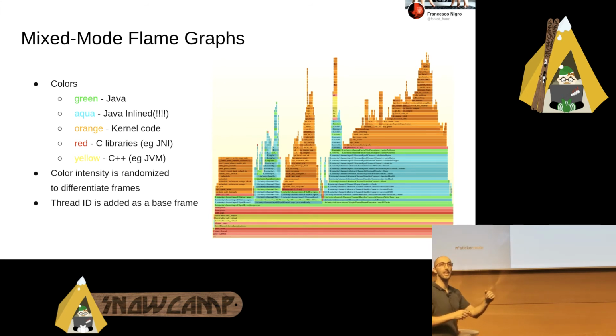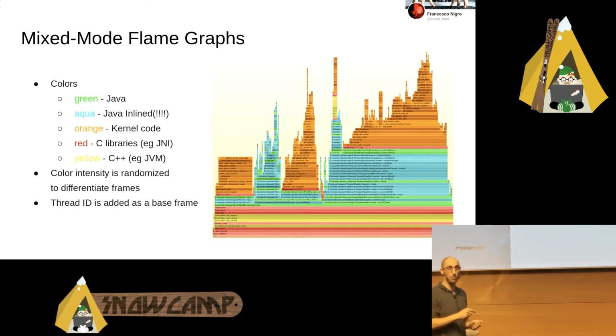And not only that, the interpreter, the compiler threads, the JVM. Then in red, you have the C libraries. It means JNI. If you are using Netty or anything that writes to file, reads a socket, or whatever, they have code written in C, maybe. In that case, you will see it in red.